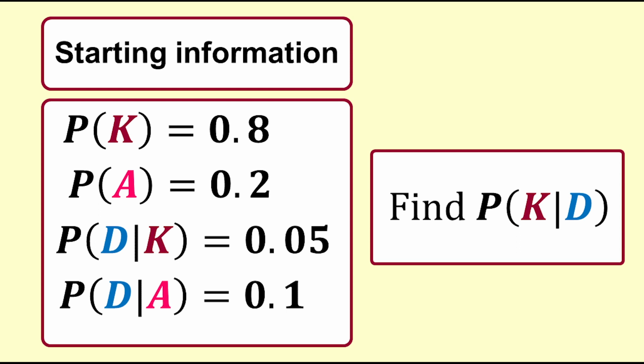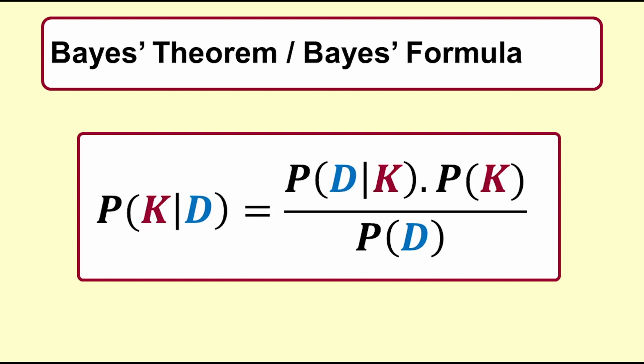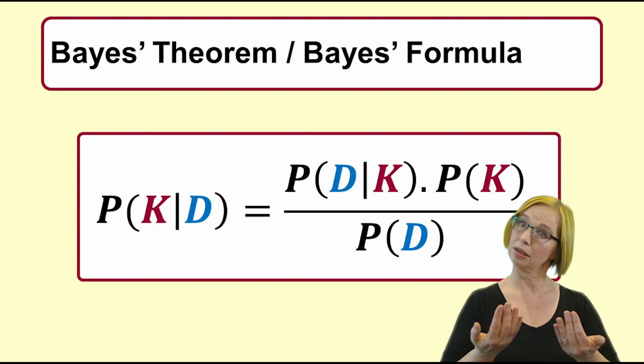Let's start with Bayes' formula. We will replace the A with K and the B with D, and we get the probability of K given D equals the probability of D given K times the probability of K all over the probability of D. But we do not yet know the probability of defective. We will need to find that out.